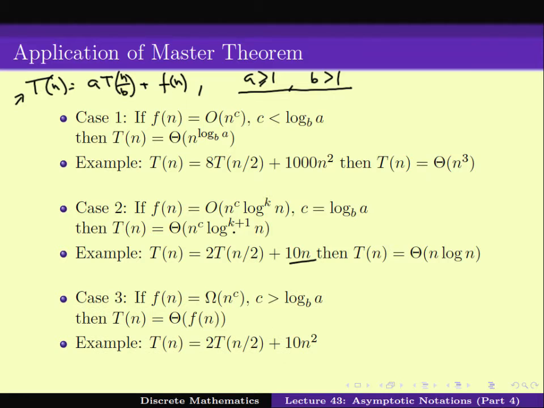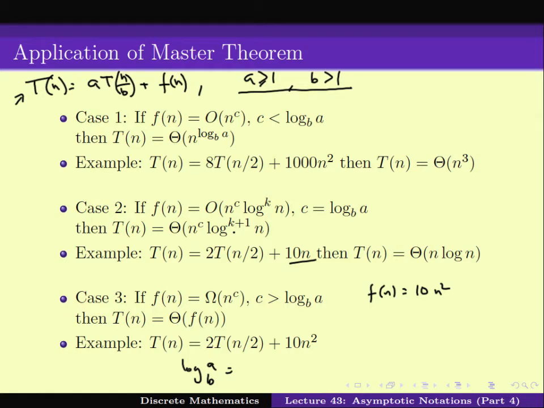Similarly, for case 3, when I have this expression T(n) equals T(n/2) plus 10n squared. Now here f(n) equals 10n squared. And what is c first of all? What is log a base b?